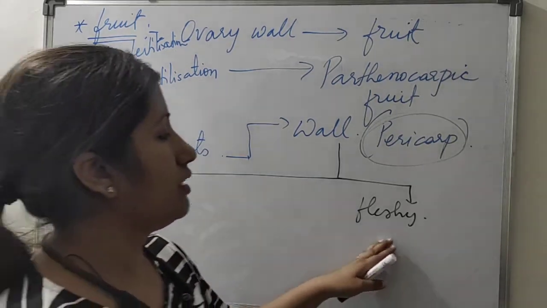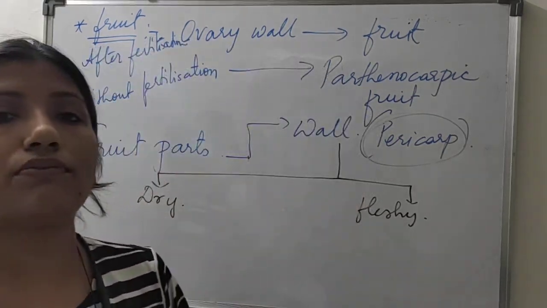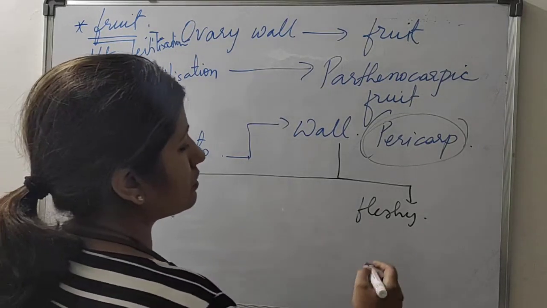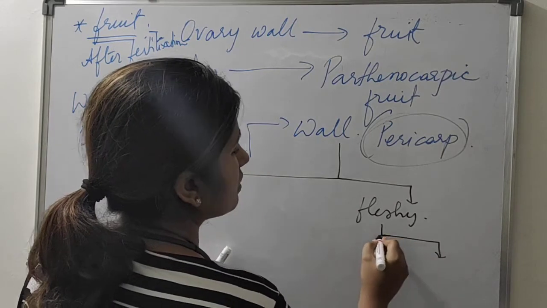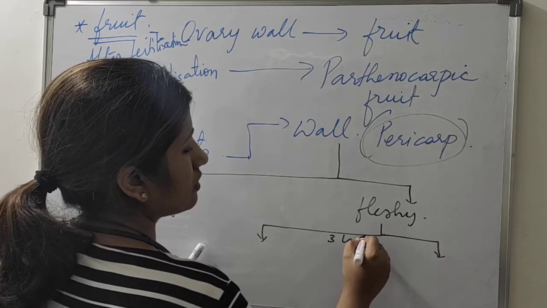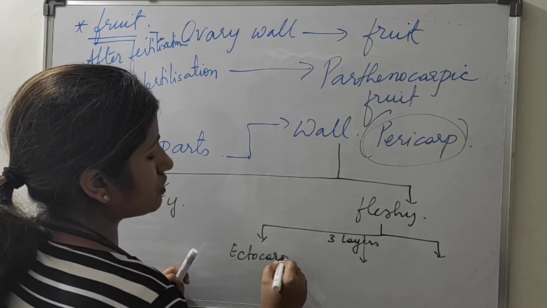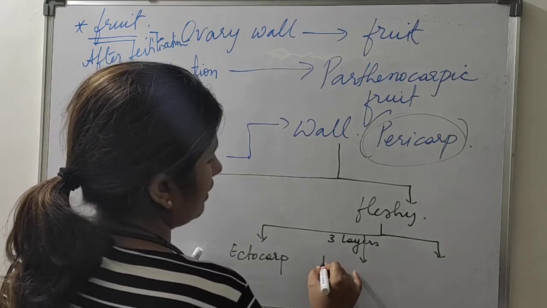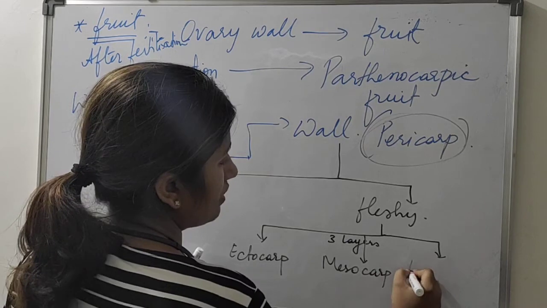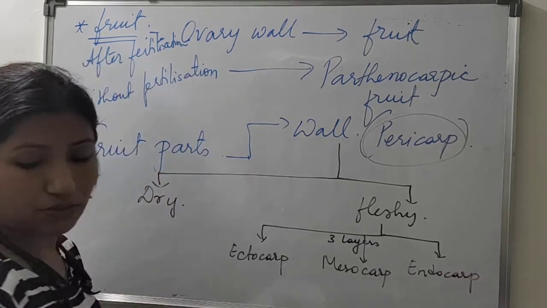Fleshy fruits are like mango and guava. All these are fleshy fruits. Fleshy fruits have 3 layers of walls. The outermost layer is known as ectocarp, the middle layer is known as mesocarp, and the innermost layer is known as endocarp.